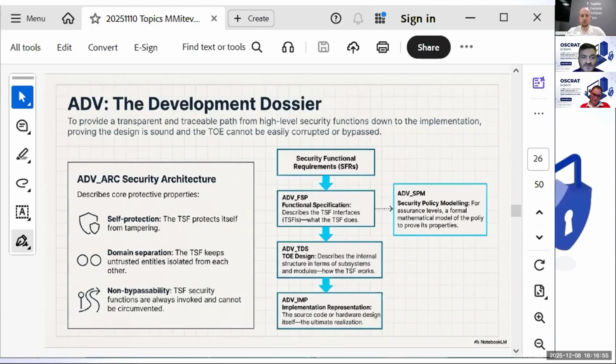The functional specification describes what the TOE interfaces do. The TOE design explains how subsystems interact. The implementation is the final source code or hardware design. The structure helps evaluators follow a logical path from the high level of security functions down to the lowest representation. It also protects against tampering or hidden modifications.